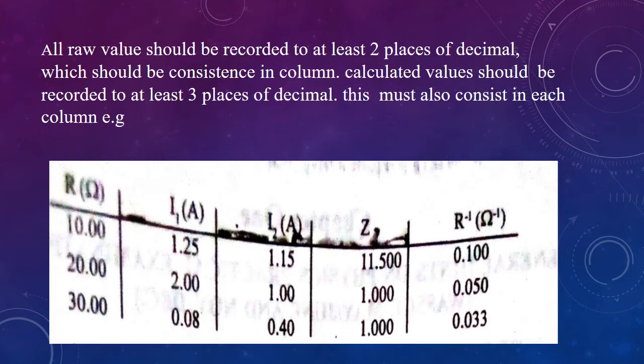In our calculated values, where we have 3 decimal places, we can also see that across that column, 3 decimal places are maintained for each data in the column. So students should take note of this and avoid the use of different decimal places in a particular column of their table.